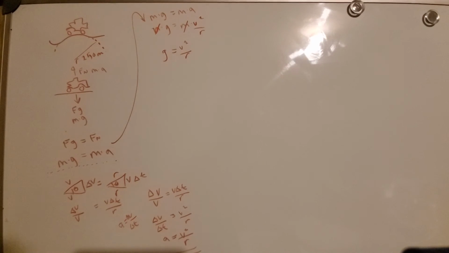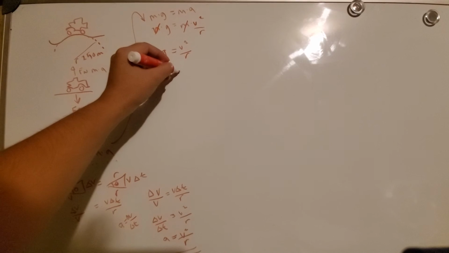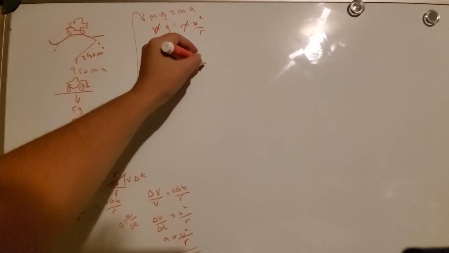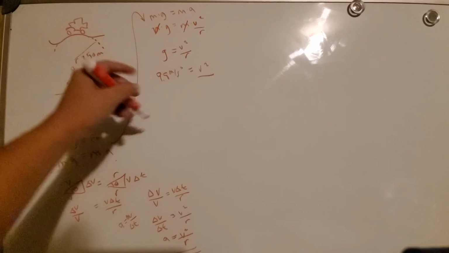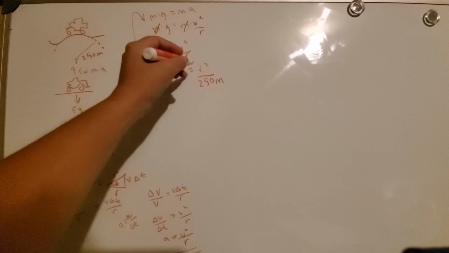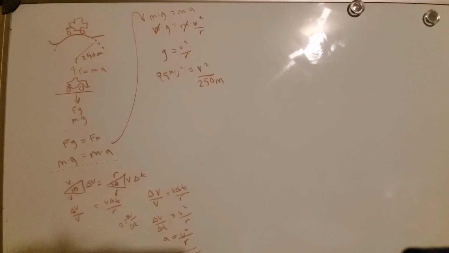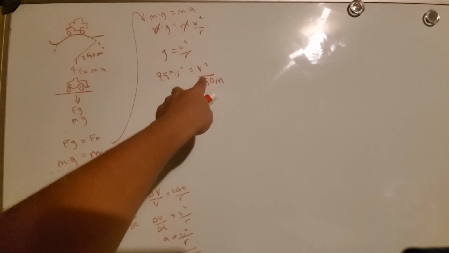Now plug in our values. Gravity is 9.8 meters per second squared, velocity is not given, but our radius is given, which is 250 meters. So now let's solve our formula. 9.8 is equal to velocity squared over 250 meters.